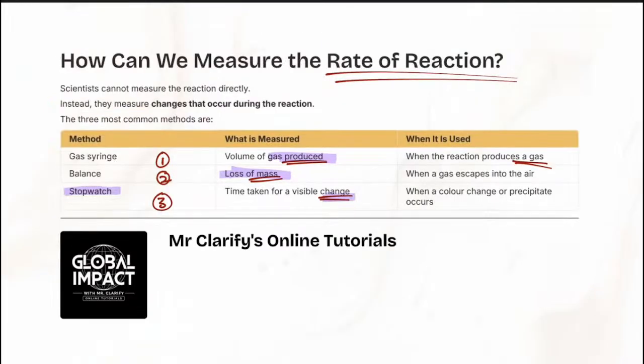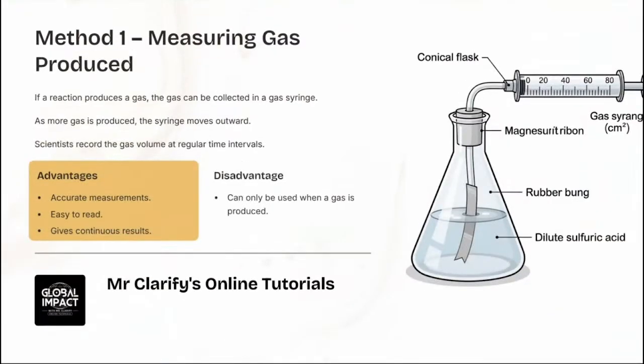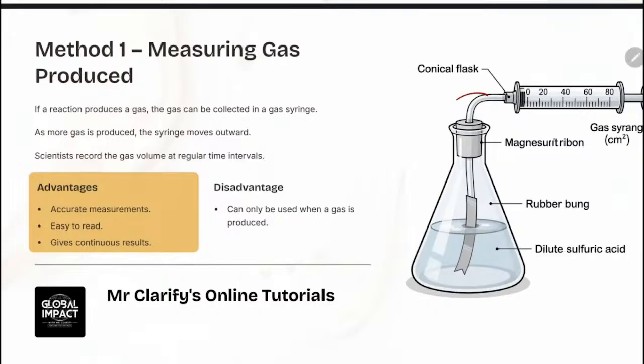Now, if a gas is escaping into the air, then you can use the balance like this. If you don't have a rubber stopper to stop the gas escaping and everything, you can now use this.